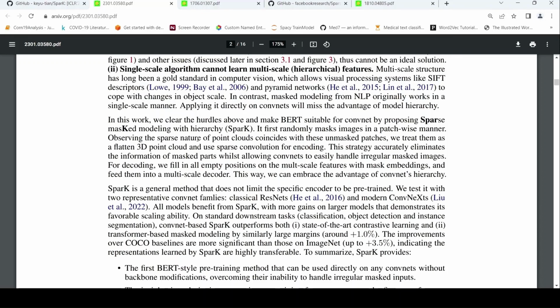Observing the sparse nature of point clouds coincides with these unmasked patches, they treat them as a flattened 3D point cloud and then use sparse convolution for encoding. Because of this strategy, it eliminates the information of masked parts, avoiding convnets having to handle irregular masked images. Then for decoding, they fill empty positions on multi-scale features with mask embeddings and feed them into a multi-scale decoder.